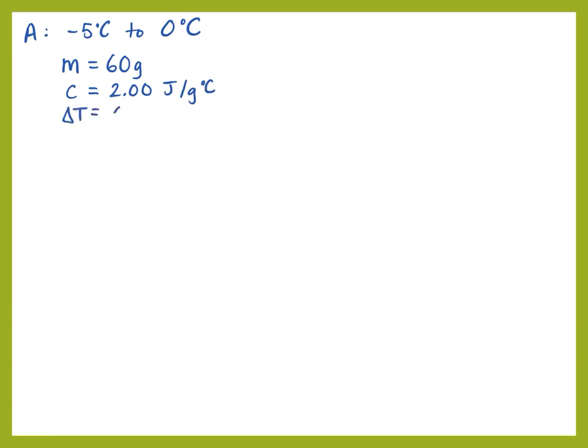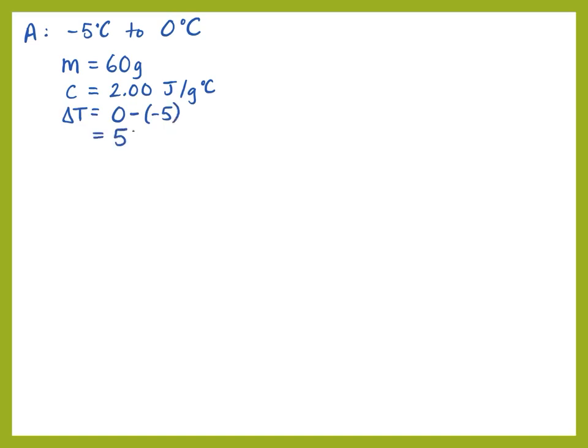So section A was from -5 degrees Celsius to 0 degrees Celsius. So that was its increase in temperature as a solid. The mass was 60 grams. The specific heat capacity of solid water, or of ice, is 2.00 joules per gram per degree Celsius, and our temperature change ended at 0, started at -5.